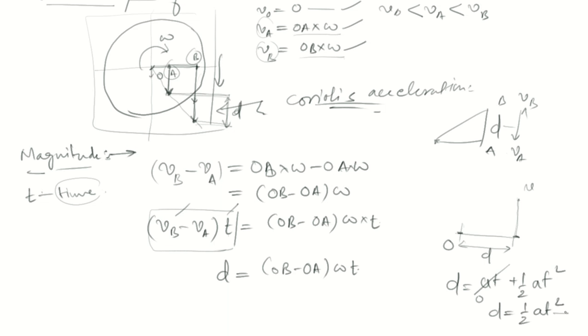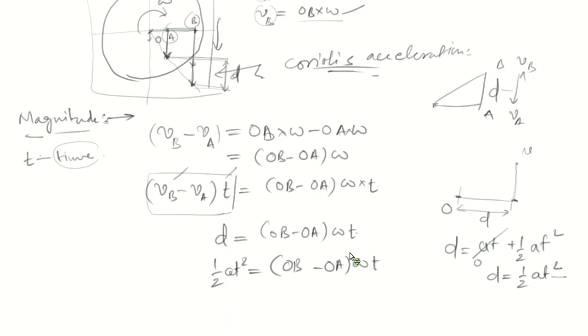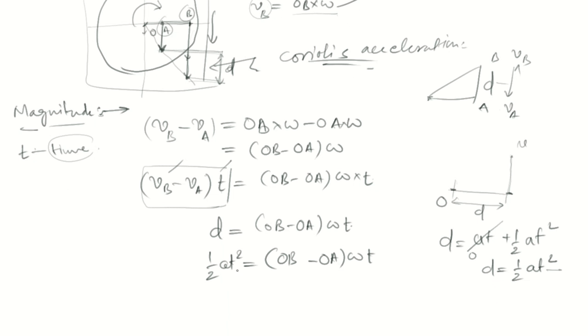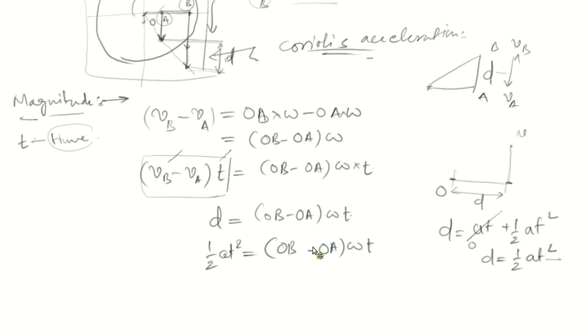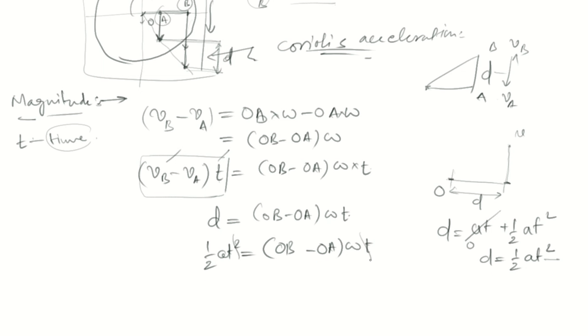By combining these two equations, we get half a t square is equal to (OB minus OA) into omega t. One t gets cancelled, and a can be given as (OB minus OA) upon t into 2 omega.